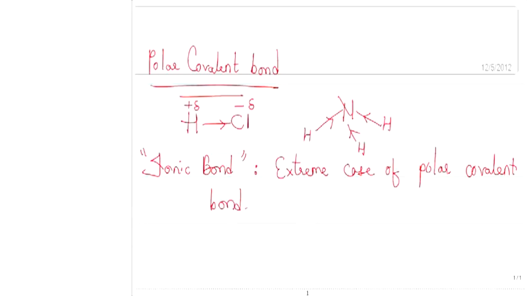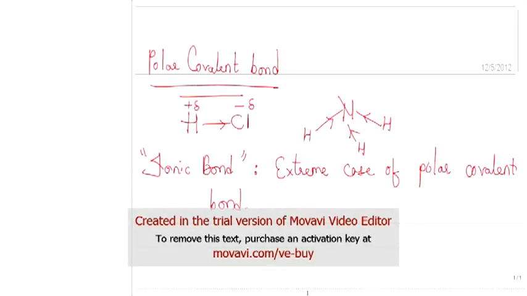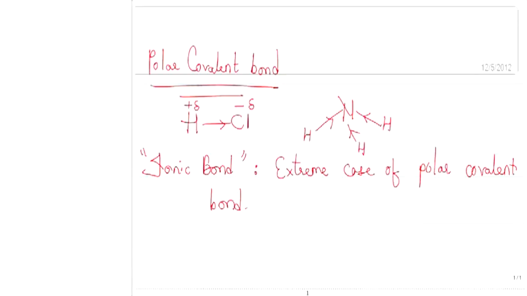It may not be a complete ionic bond, but there will be some ionic character in it. The amount of ionic character in any polar covalent bond determines the magnitude of polarity in that bond. So it is very important for us to evaluate the ionic character of any polar covalent bond.